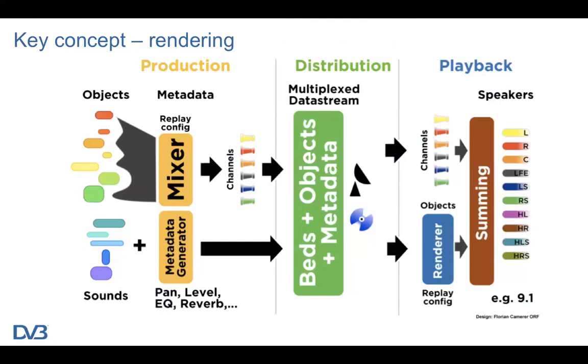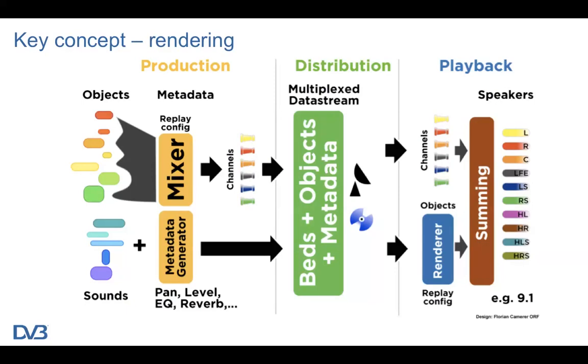We then put it into the DVB portion of the diagram, into the bit stream, which passes through either over a broadcast medium or possibly a physical medium or a file, and it's delivered to playback in the home. Now, this really represents the whole of the audio entity. It's receiving individual pieces of audio with all that metadata about them into the renderer, but it's also receiving traditional presentations of different channels.